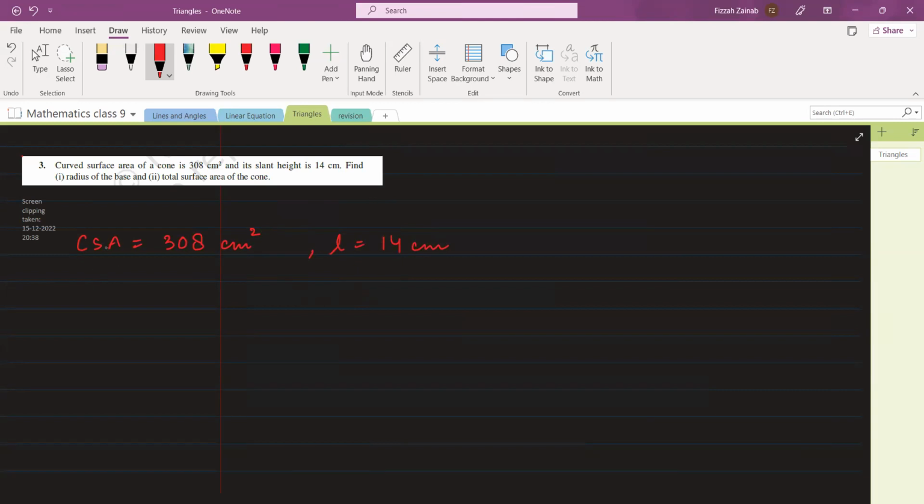So curved surface area, that means pi r L, is already given, right? 308. I think I gave some questions in the homework also, Jaslyn. Have you finished that? This one I explained to you. Tell me honestly. So have you already solved this question? Okay, now tell me which question is remaining then, which you have not solved.